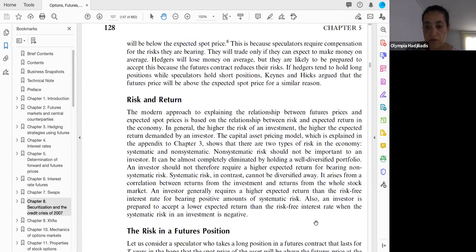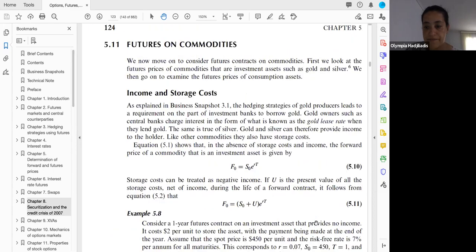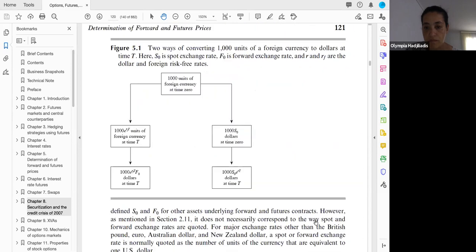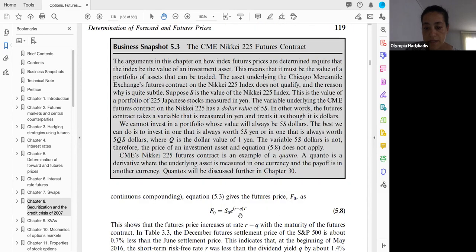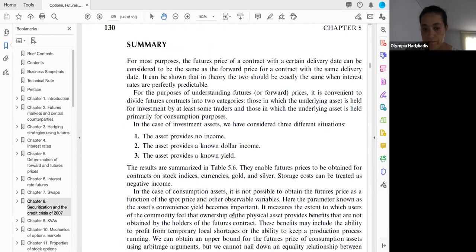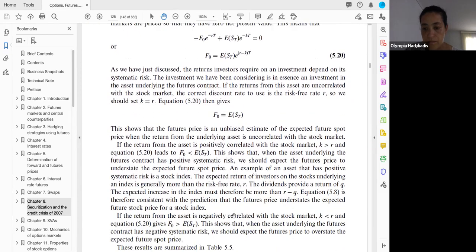So if we go to equation 5.8, there it is: F0 is equal to S0 e to the R minus Q times T. So that equation is consistent with the prediction that the futures price understates the expected future stock price for a stock index.